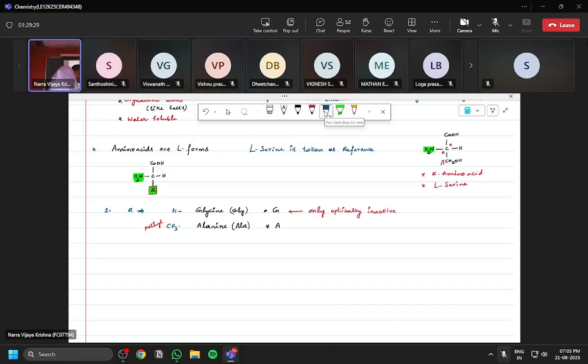From the last carbon, the second carbon should possess a CH3 group. If this is that alkyl chain, I call it an isopropyl substituent. Observe the difference: propyl is different, isopropyl is different, isobutyl and secondary butyl are different. So if it is isopropyl, we call it valine.